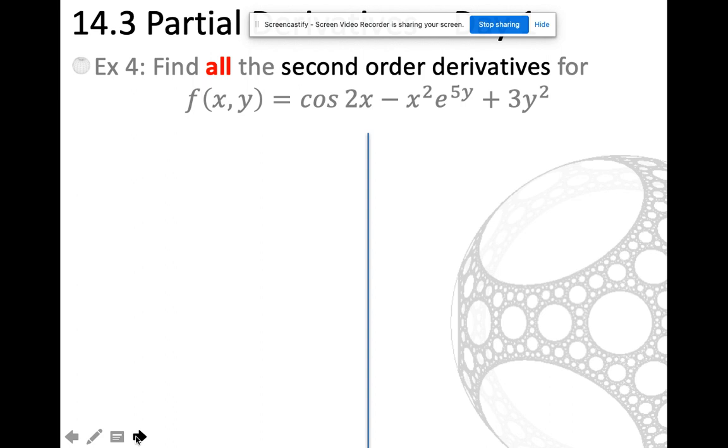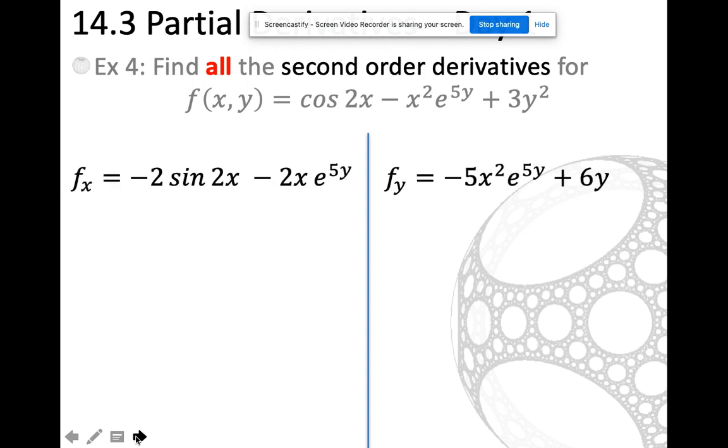So let's try one. Find all the second order derivatives for this function in two variables. So I'm going to do on the left the partial x's. So I already did the first one. Do you see where that came from? I'm holding y constant.